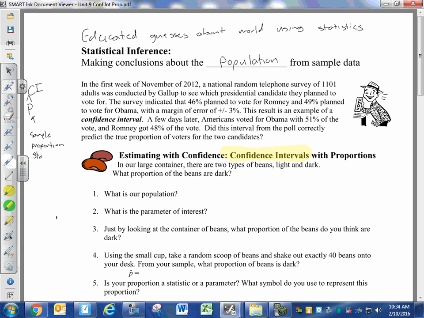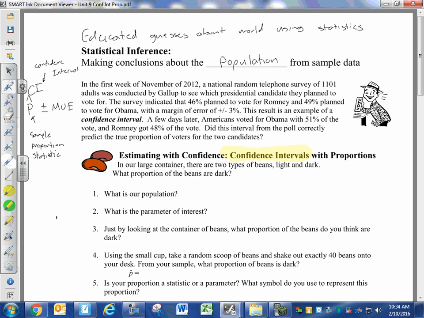It's a statistic, not a parameter. And we will add and subtract a margin of error. What's on the left side of that? It's a p hat. This is a CI, confidence interval. Okay.